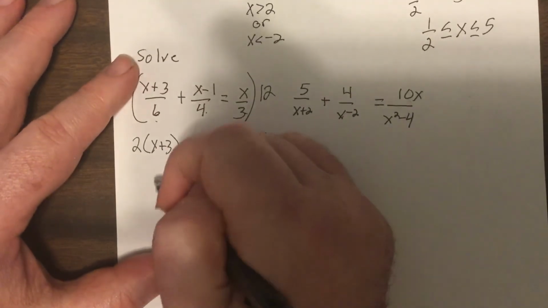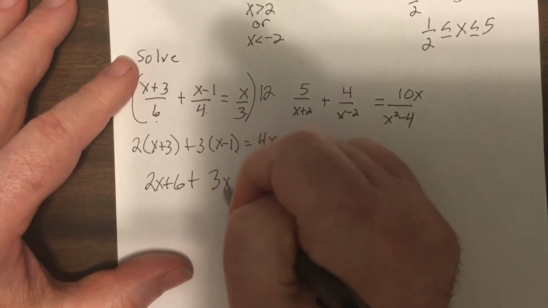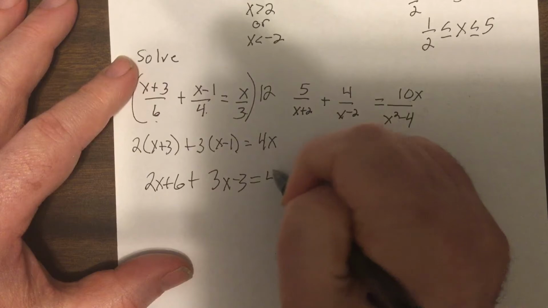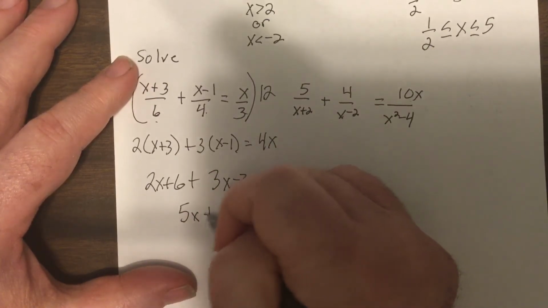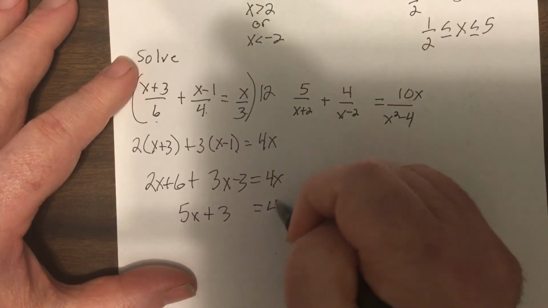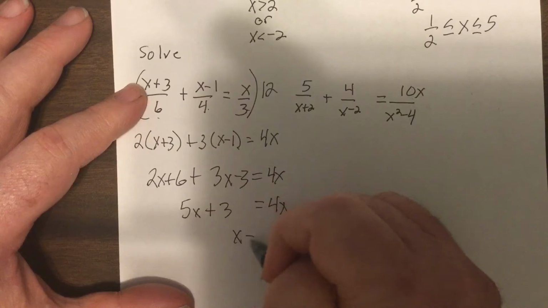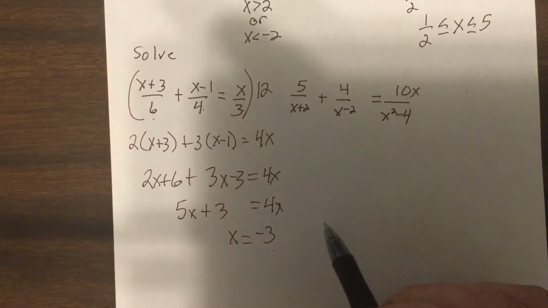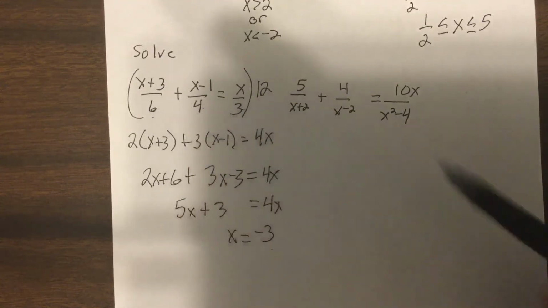So I would have 2x plus 6 plus 3x minus 3 equals 4x. So 5x plus 3 equals 4x. So I'm going to subtract 4x, subtract 3, x equals -3. And we don't have to worry about the undefined because there's no variables in the denominator.